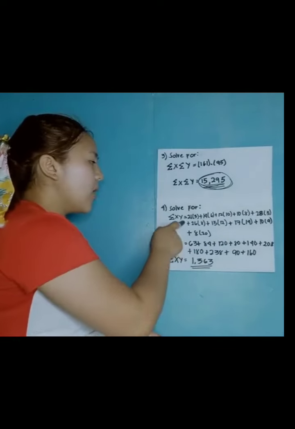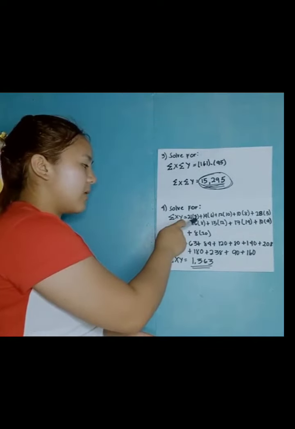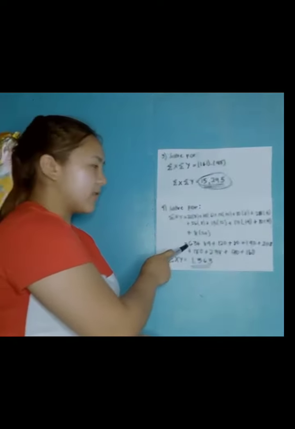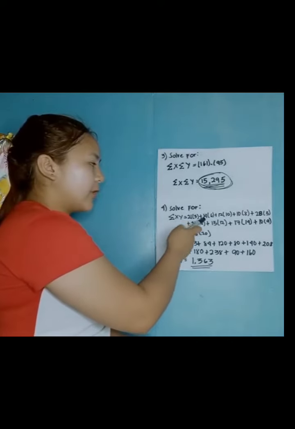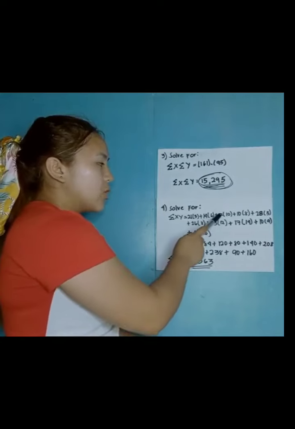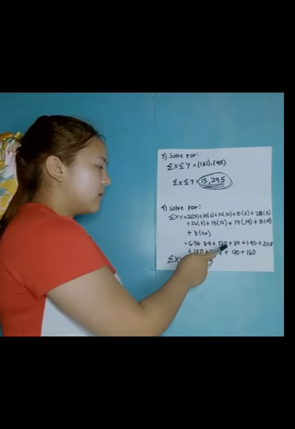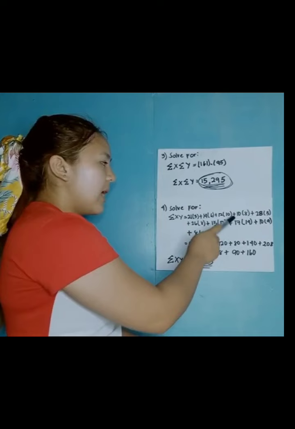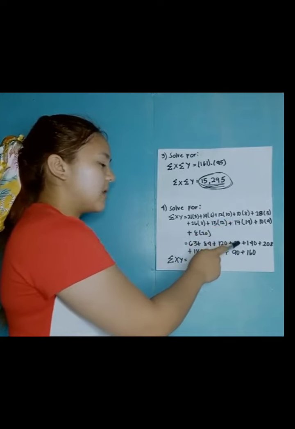So, 21 times 3 equals 63. And then 14 times 6 is 84. 12 times 10, 120. 10 times 8, 80.